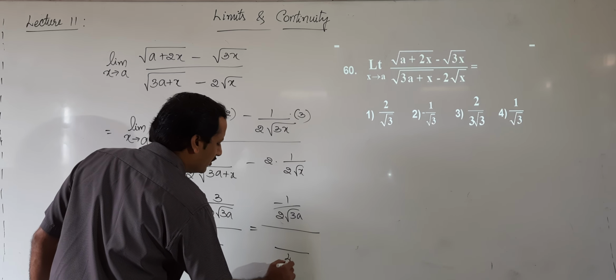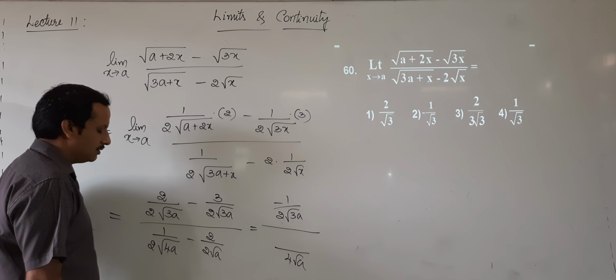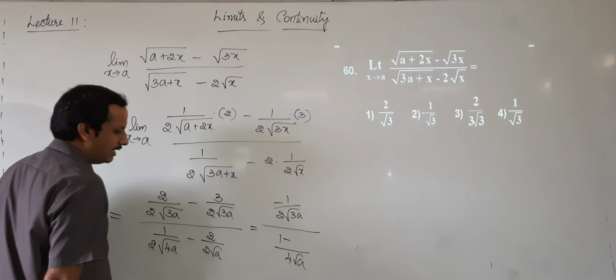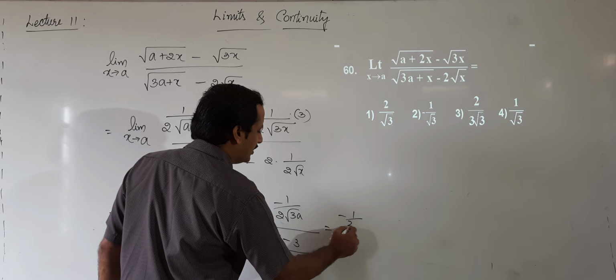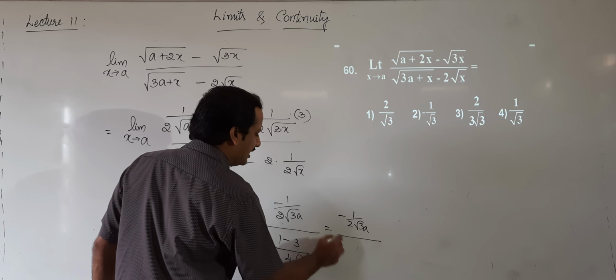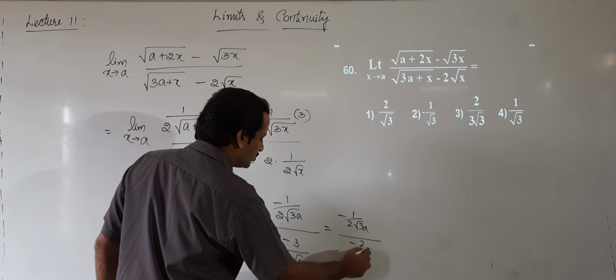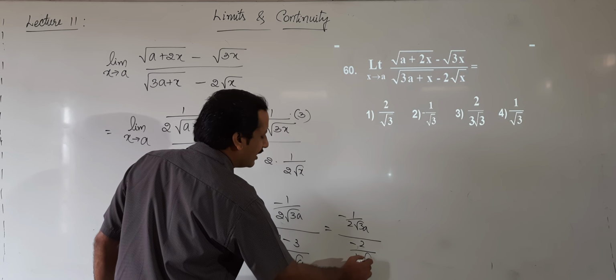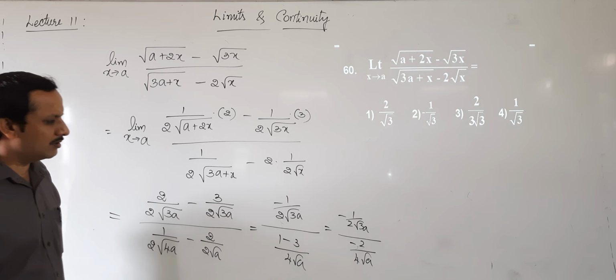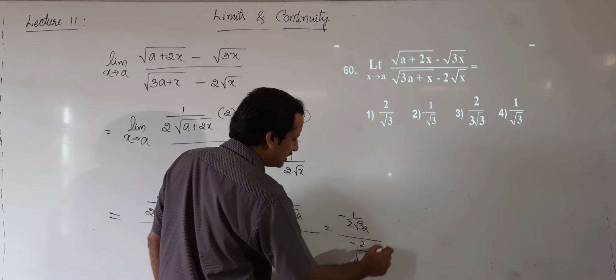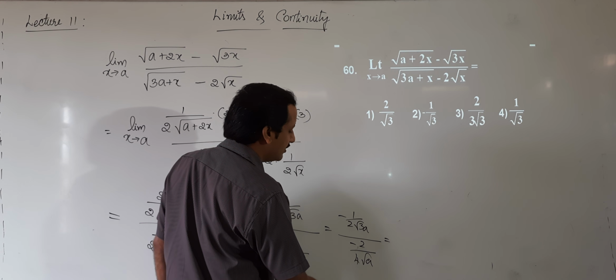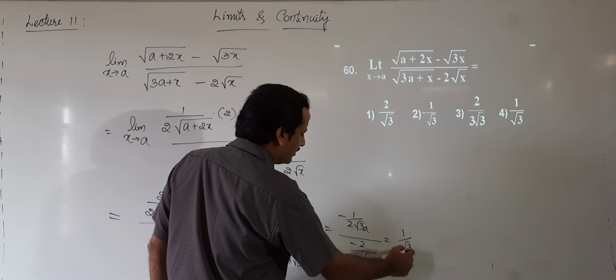LCM would be 4 root a. So here it will be 1 minus 3. So we get minus 1 by 2 root 3a divided by minus 2 by 4 root a. Okay, root a gets cancelled, 2 gets cancelled, we are left with 1 by root 3.